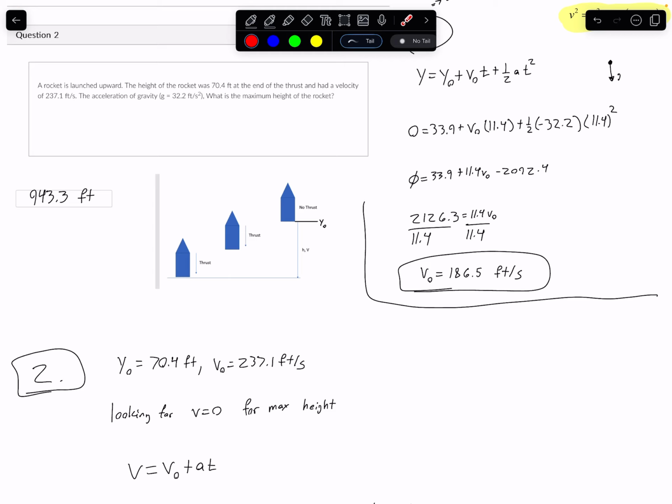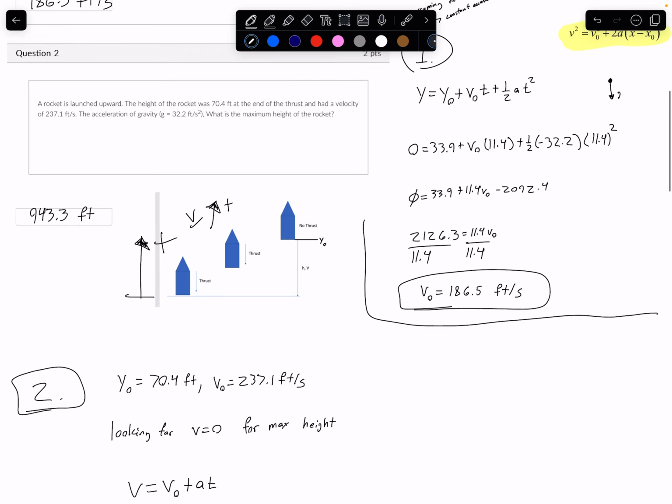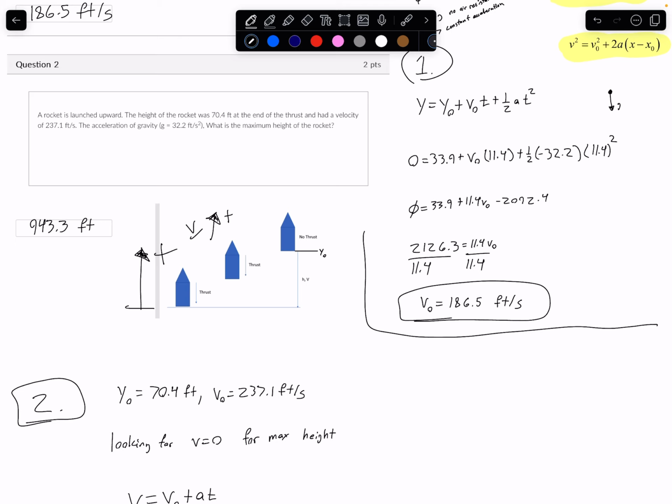The acceleration of gravity is the same as before, 32.2 feet per second squared. It's important to note that up is considered the positive direction, and anything moving this way is also in the positive direction. We are looking for the maximum height of the rocket.